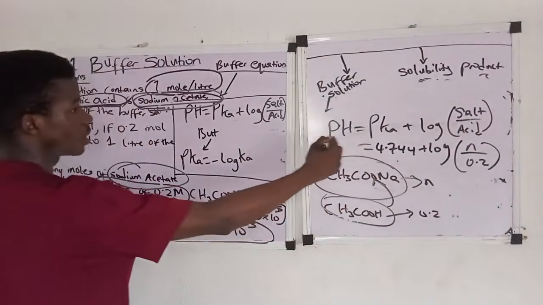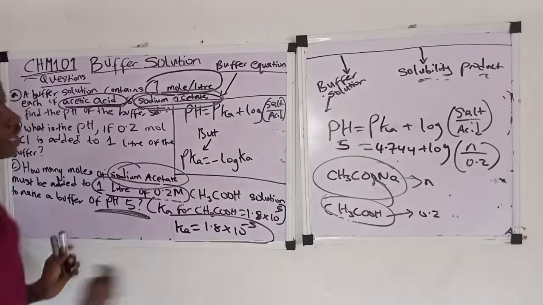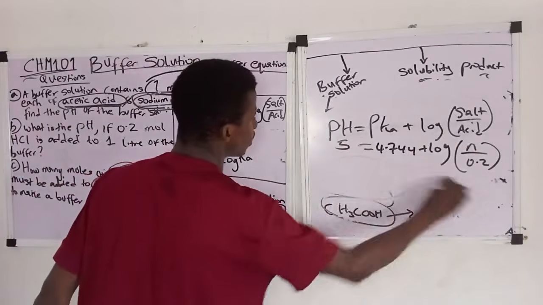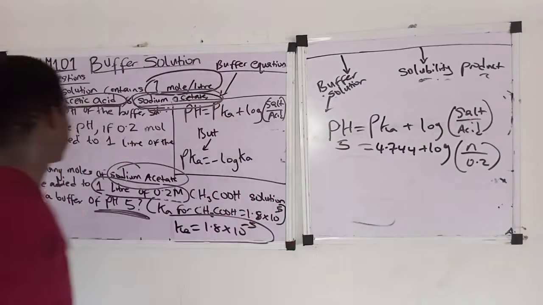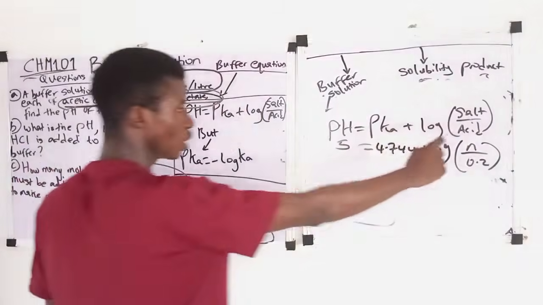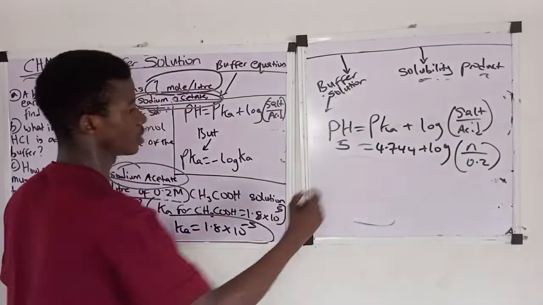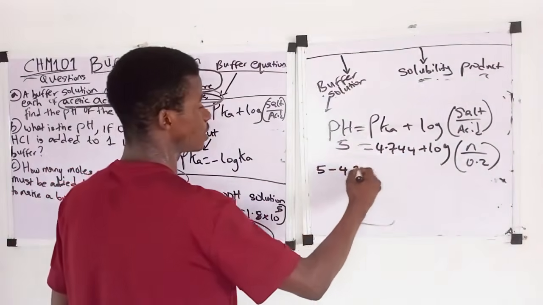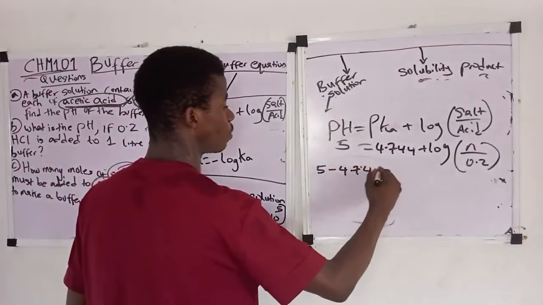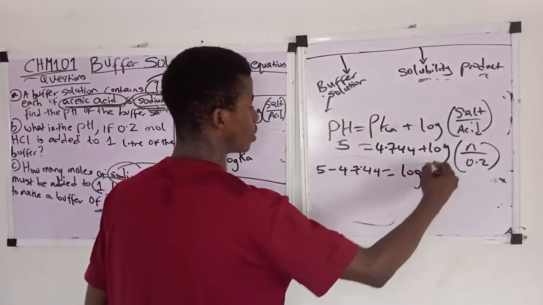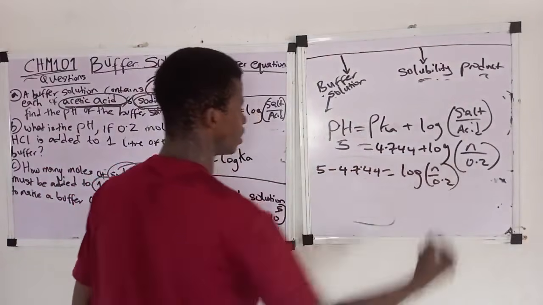So the pH of the buffer solution is 5. So I'm looking for n, the number of moles of the salt, which is very easy. So this one comes over here: 5 minus 4.744 equals log n over 0.2, right?